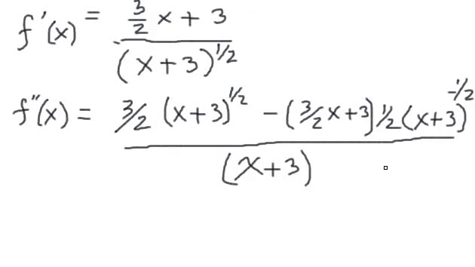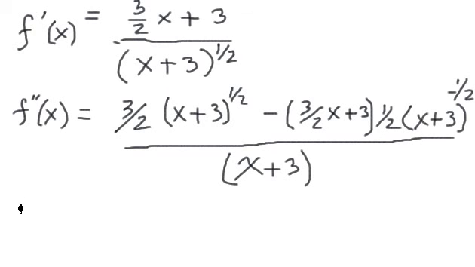Okay, so let's do some factoring and canceling some stuff out here. We got an x plus 3 raised to the half, and x plus 3 raised to the negative half, so this is going to be the one here that I pull out. We have a half, we have 3 halves, so I'm also going to pull out a half. Since there's a half in here and a half over there.